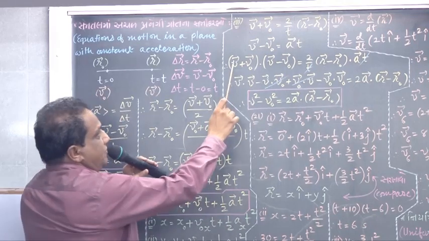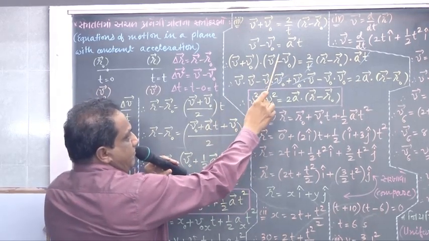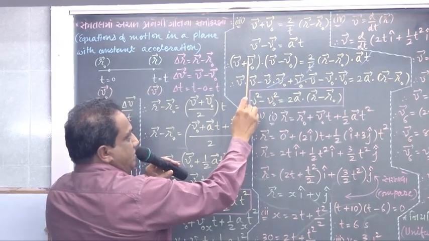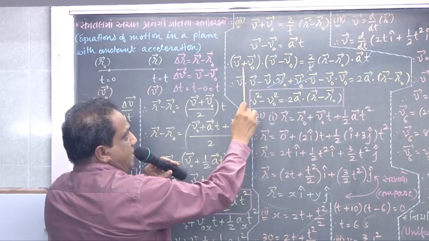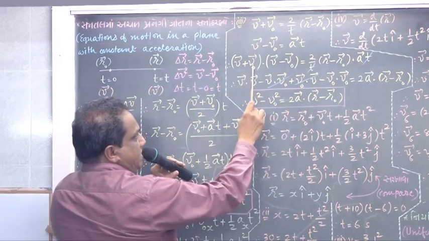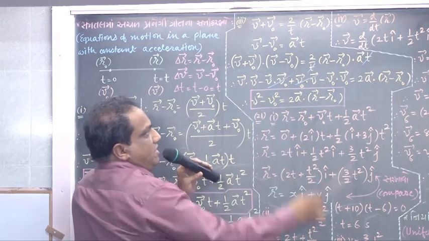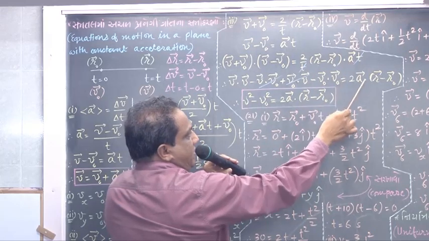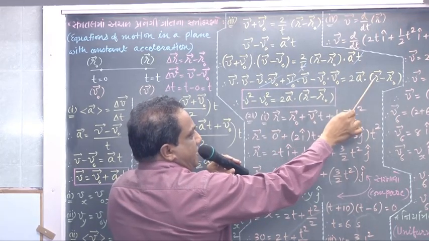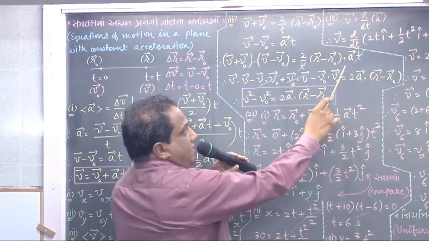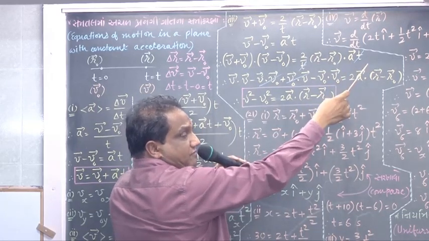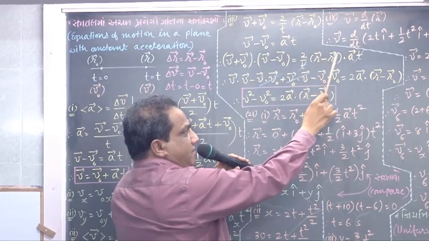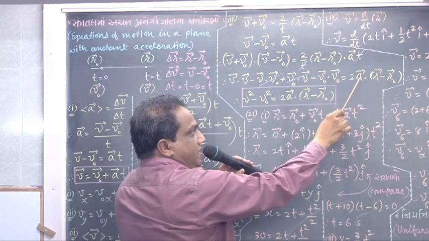Here t and t will cancel, giving 2 vector a dot vector r minus vector r0. Here vector a is written later and this vector is written initially.